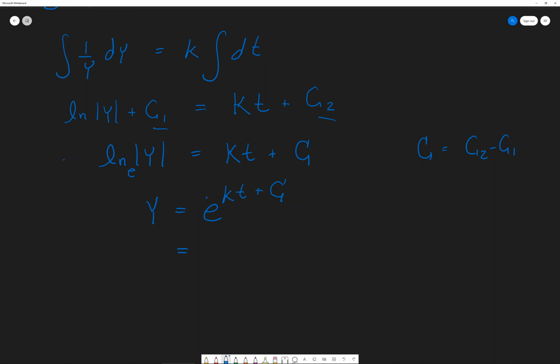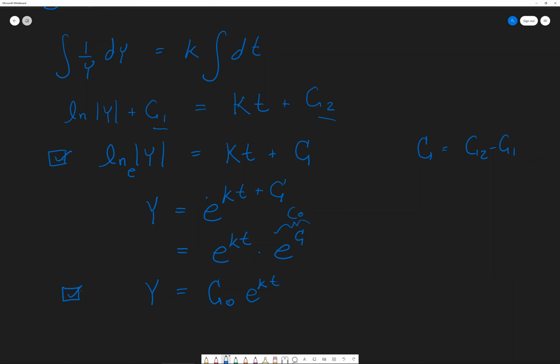Well, this is the same thing as e to the kt times e to the c, and e to the c is a constant. So I could call this c naught. So the solution is c naught, just another constant, times e to the kt. This is one solution right here, and this is another way of writing the exact same solution.